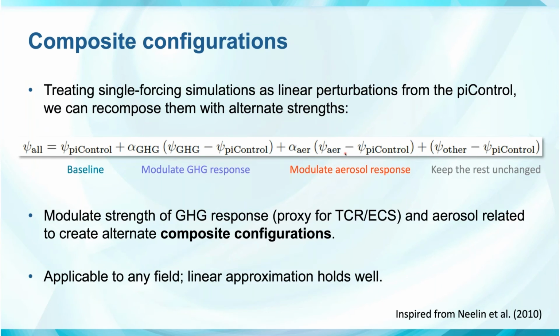So based on that, now we can play around with those single forcing simulations a little bit, and we treat them as linear perturbations from PI control. And as I showed you on the global mean surface temperature plot, the linear assumption is a good one.